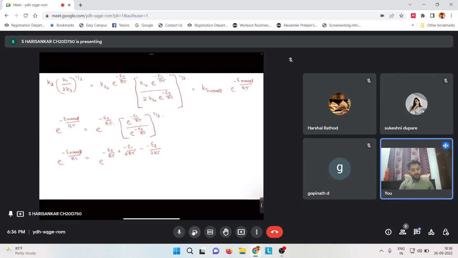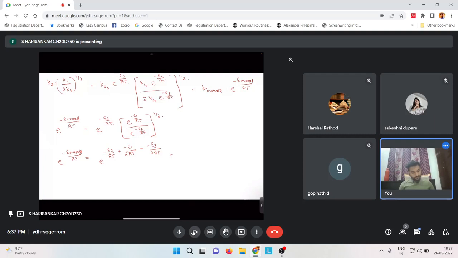So what we did here is we rewrote these rate constants in terms of their frequency factors K0 and exponential terms e^(-E/RT), and we equated the exponential terms with each other. And now all we have to do is simplify this right hand side.